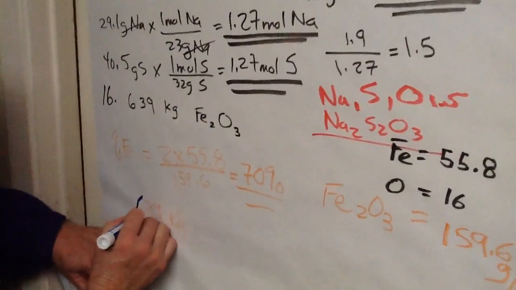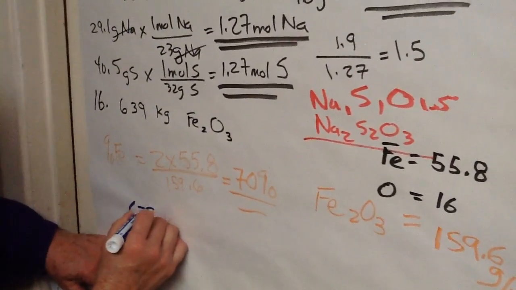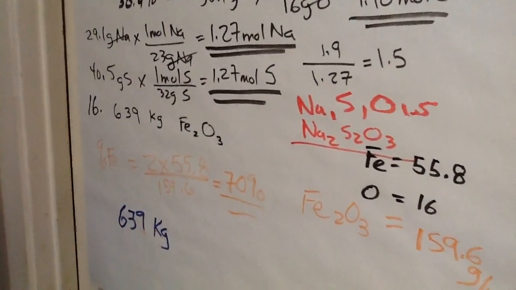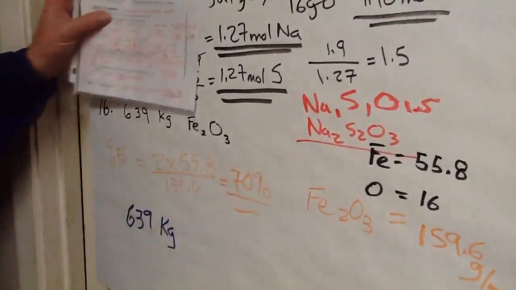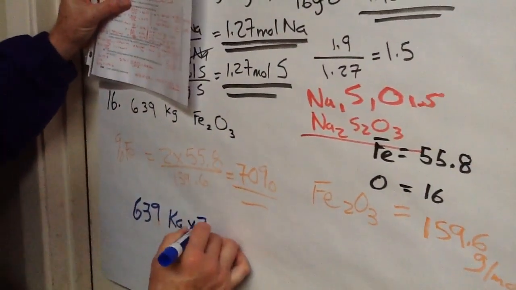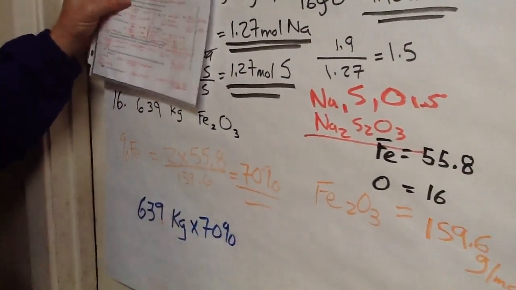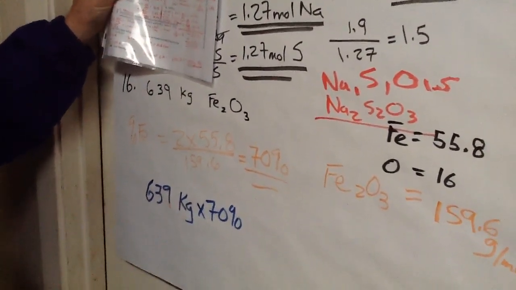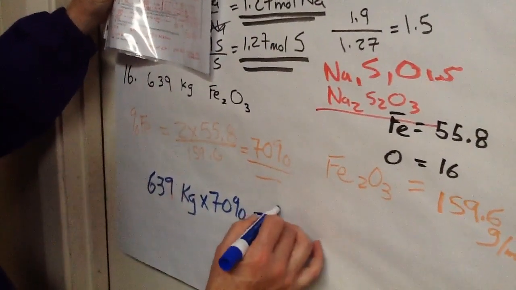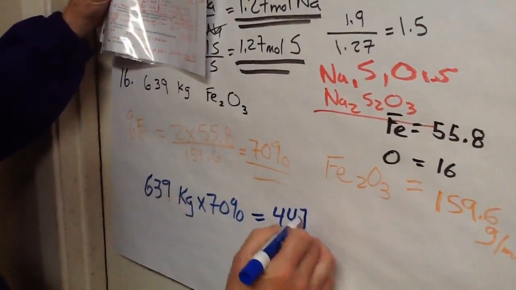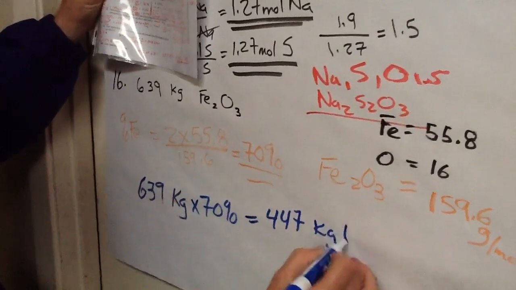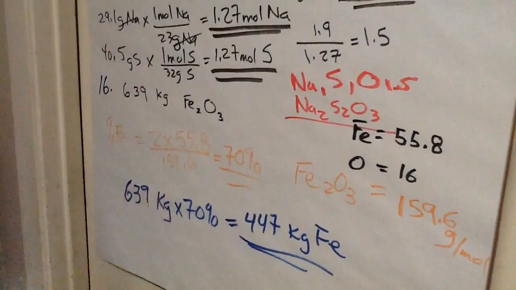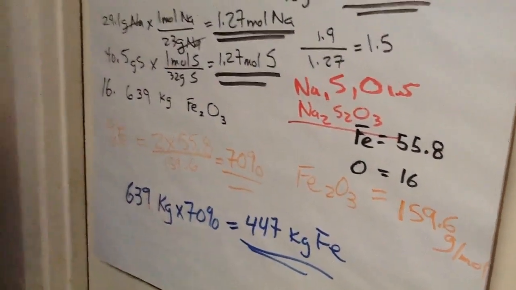So if I have 639 kilograms of this iron ore, this iron oxide, technically iron 3 oxide, and 70% of that is iron, times 70%, which of course is 0.7, or 70 divided by 100, I would get 447 kilograms of iron in 639 kilograms of the ore total.